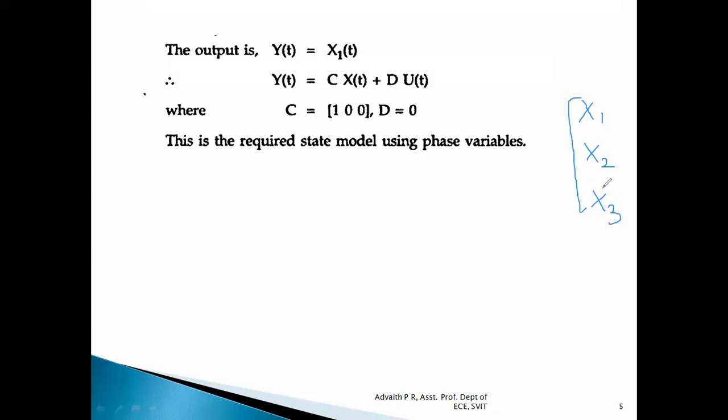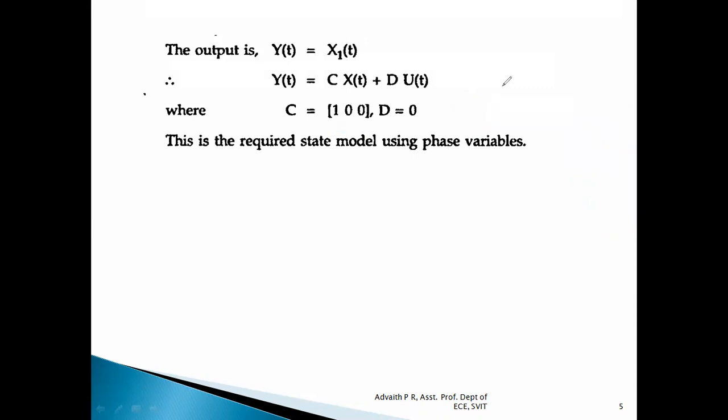According to our equation, we have x1 of t, the first state variable. Only there will we have a value of 1. Apart from x1 of t, in this y of t, we don't have x2 of t and x3 of t. Hence, the other 2 values will be 0, 0. So this is our C matrix.